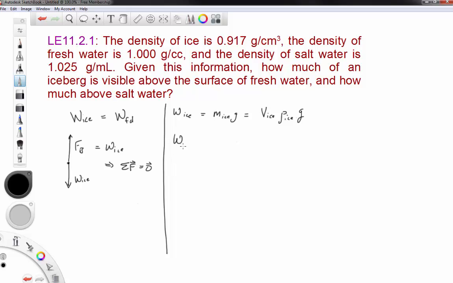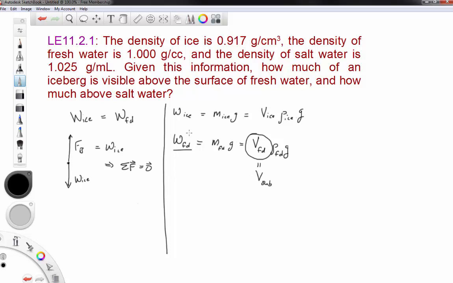And the weight of the fluid displaced should be given by, similarly, the mass of the fluid displaced times g, and so that should be the volume of the fluid displaced times the density of the fluid times g. Note that this volume should also be equal to the submerged portion of the ice cube's volume.